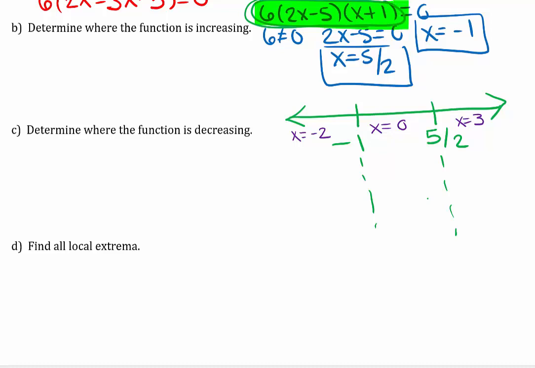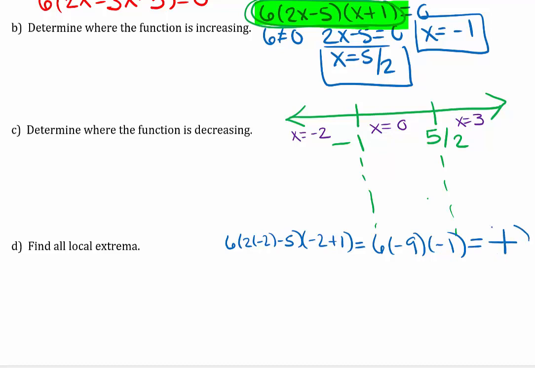You can plug it into any of your variations of your derivative. If I plug -2 into that derivative, I end up with 6 times -9 times -1. The important thing to notice is we are going to get a positive solution there. Two negatives give us a positive.